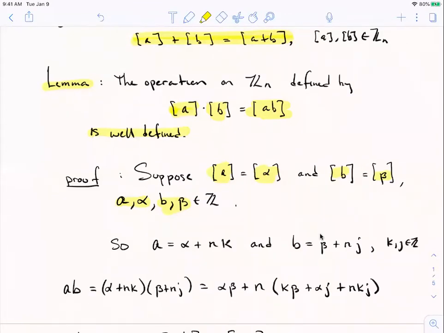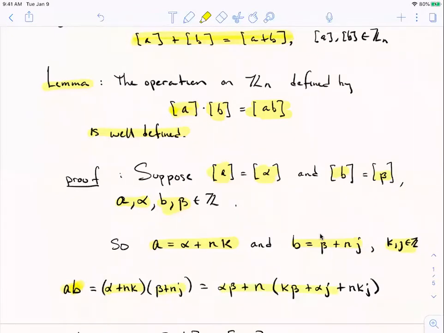We've done this a lot, so I skipped some of the details in writing it. If A and alpha represent the same class, then A is equal to alpha plus some multiple of n. That's what it means to be congruent mod n. Likewise, B is beta plus some multiple of n. What are the multiples? There are some integers, k and j. Then we look at AB, replacing A and B with what they equal in terms of alpha and beta.